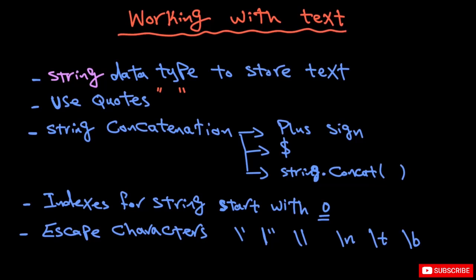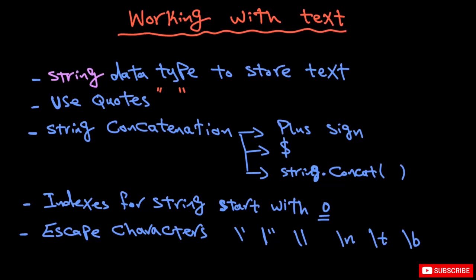Next is the double quote, and also this is an escape character to escape the inner double quotes. If you want to put double quotes inside other double quotes, just place a backslash before every inner double quote. In a string data type, you can use the double backslash also as an escape character to show only a single backslash in a string or collection of characters.